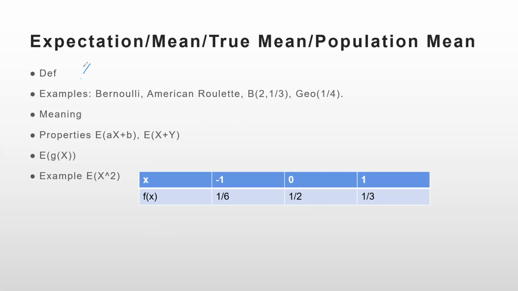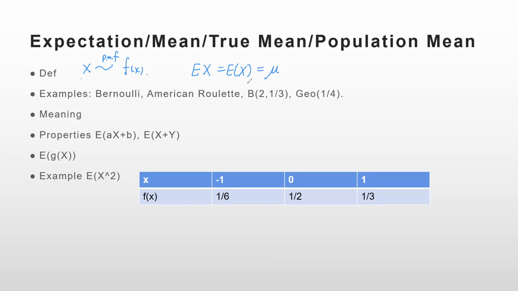So suppose we have a random variable x having a PMF little f of x. The expectation is denoted by E of x. Some textbooks put parentheses there, but I normally don't do that. There's another notation which is mu.